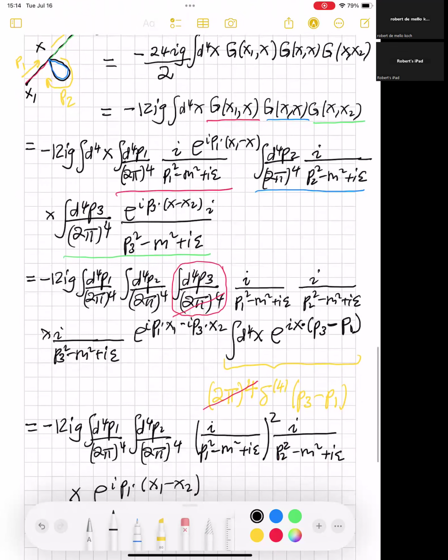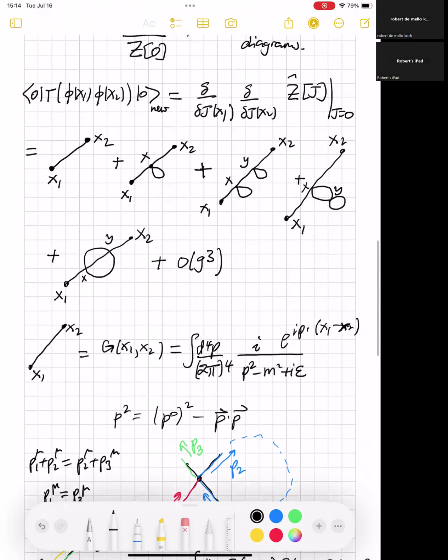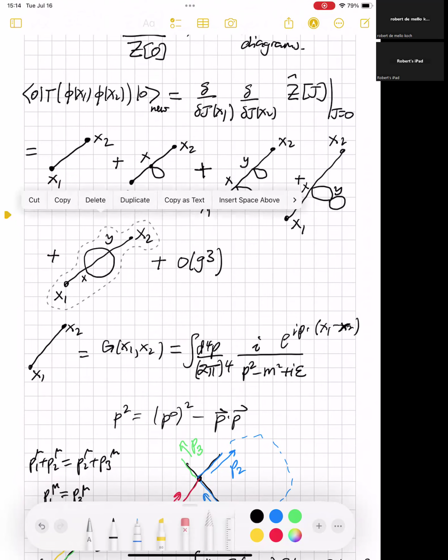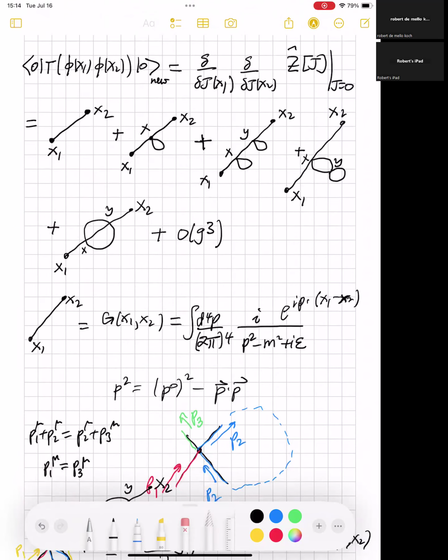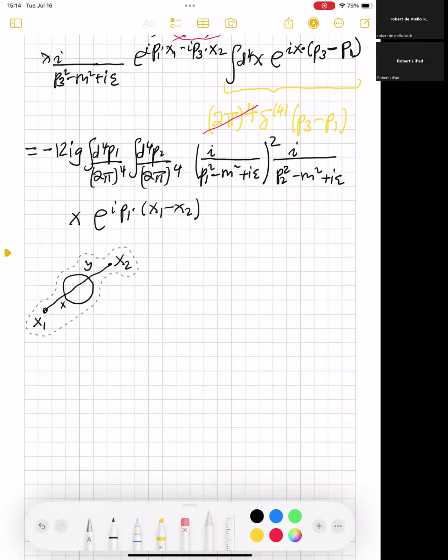Very good. Okay, let's just write down one more example, but I think that you really do have the idea now. So let's study this diagram over here. I'll just copy that, duplicate, and carry it down here to the bottom. Very good. So let's now write down what we get from this diagram.